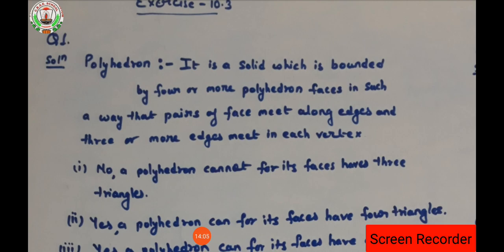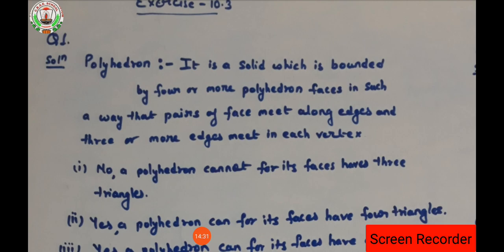So what do you mean by question number 1? Polyhedron. It is a solid which is bounded by 4 or more polygonal faces in such a way that a pair of faces meets along an edge and 3 or more edges meet at each vertex. That means it is a solid figure in which 3 or more edges can meet at one point.